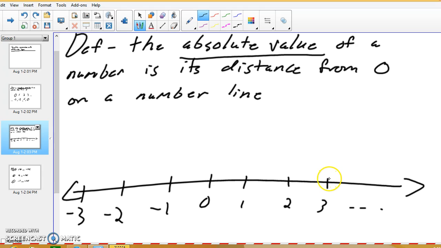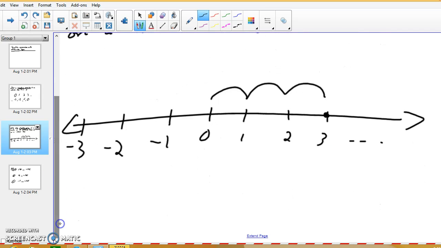So say, for example, we're going to find the absolute value of 3. Well, how far is 3 away from 0? Well, it's 1, 2, 3. So the absolute value, which is denoted as just these absolute value signs on either side, the absolute value of 3 is 3. Seems pretty simple.